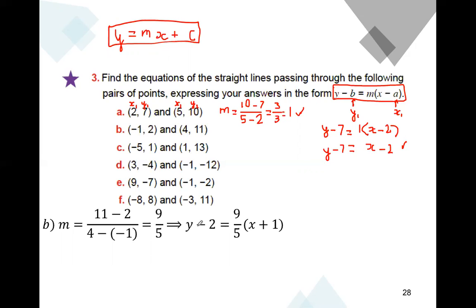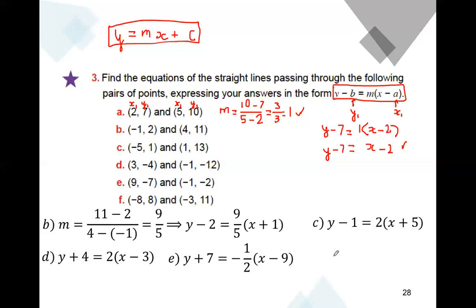Now you pick A and B. So this time I've picked B for this value, 2, and then A is going to be negative 1. And this is expressed exactly like they've asked me, y minus b equals m times x minus a. And you can do the same for the next one, with a gradient of 2 this time. For D, you would get a gradient of 2 again.